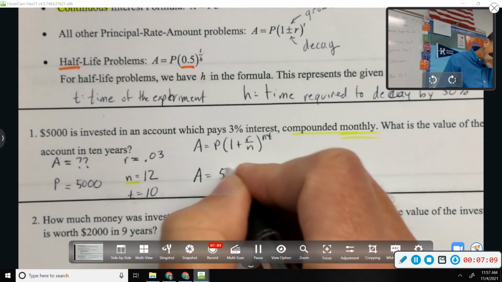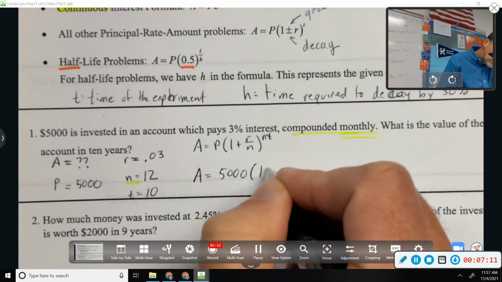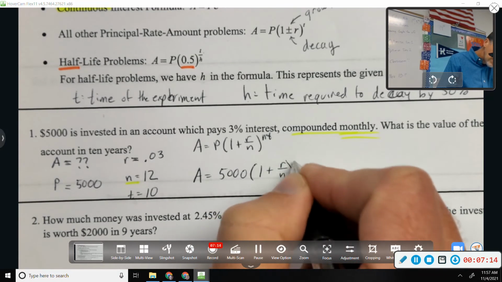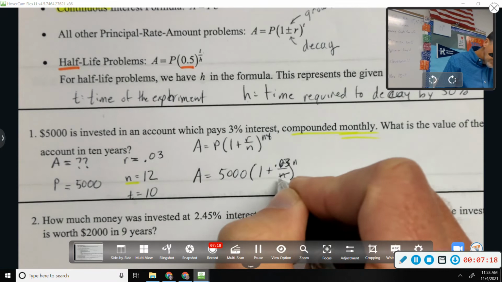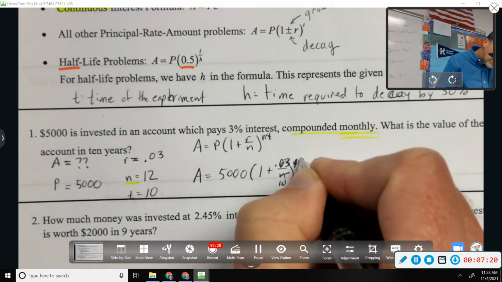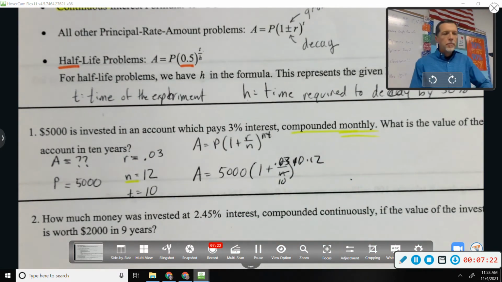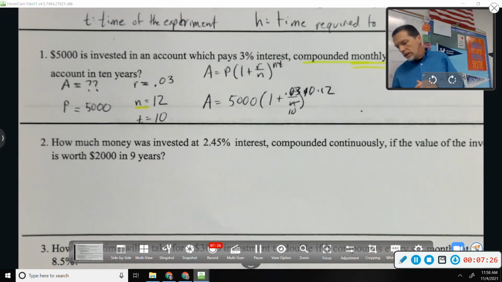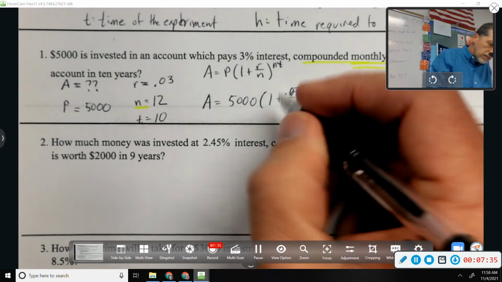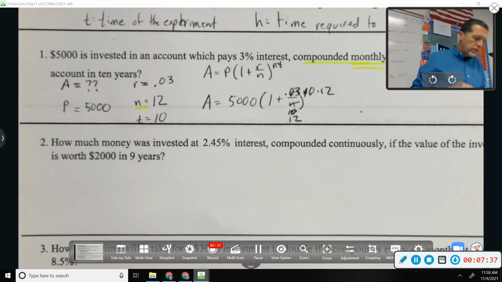A equals 5,000 times 1 plus R over N. Whoops. 0.03 over 10 times 10 to the 12th. So either get your own calculator out or borrow one of mine. Oh, it's over 12. You're right. Thank you. Over 12.